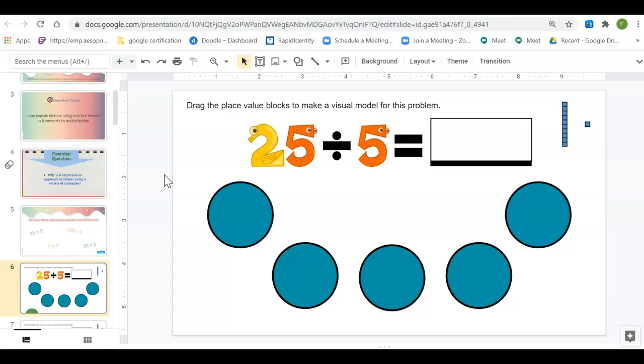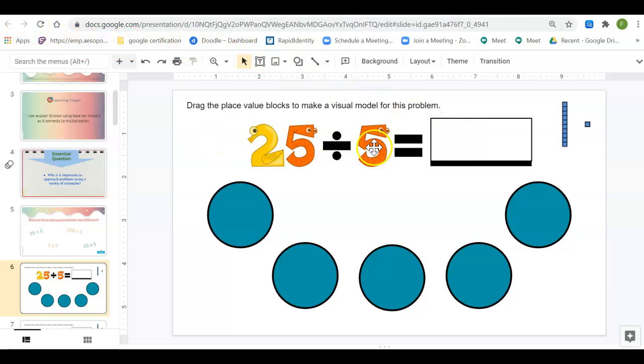Here on this next slide, we've got instructions for you to drag the place value blocks to make a visual model for this problem. Our problem is 25 divided by 5 equals, and we've got a blank space where we're going to try to figure out the answer.